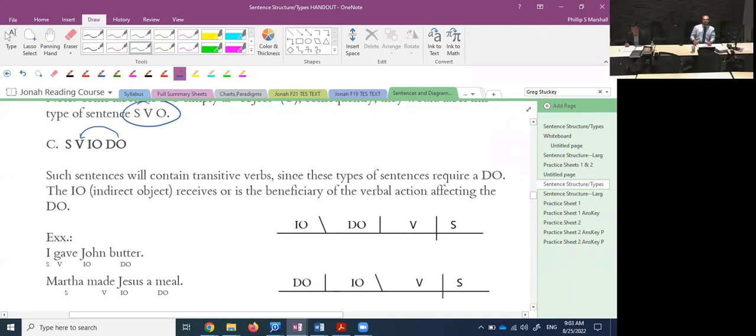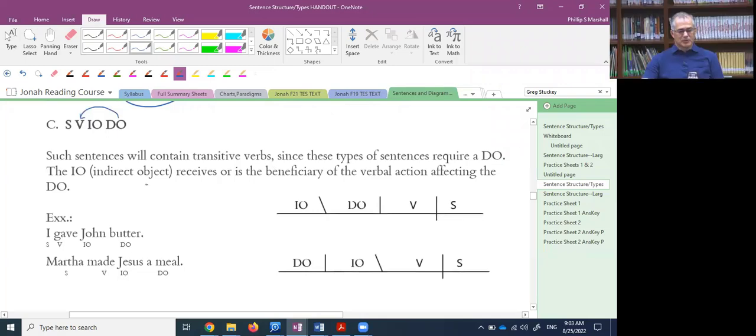Okay, so as an example, the verb to give is one that is going to use a subject, verb, indirect object, direct object type of structure. I gave John butter. I gave John butter. If I left the word butter off and just said I gave John, we feel like that sentence is grammatically incomplete, right?